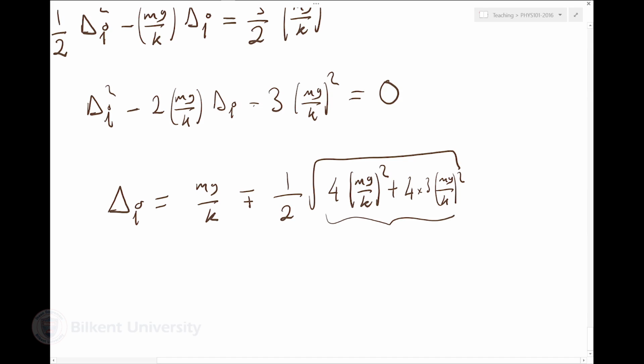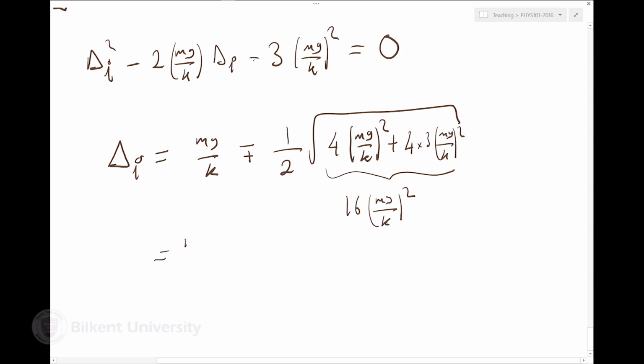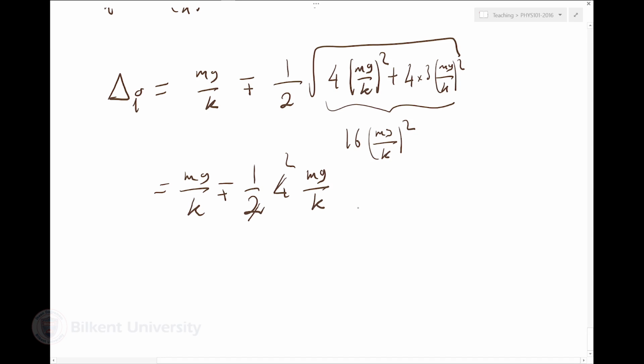So this is going to give me 16 mg over k squared. mg over k plus minus 1/2 times 4 mg over k. To which root should I take? The positive one, right? Delta I must be a compression the way I defined it. So choose the positive root.